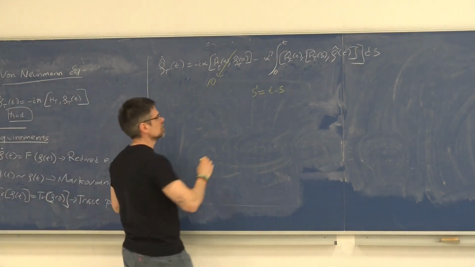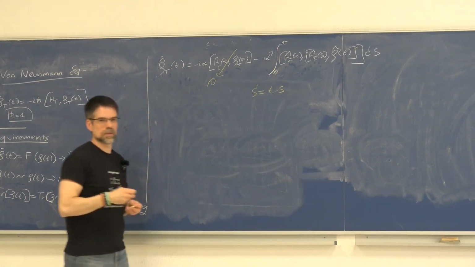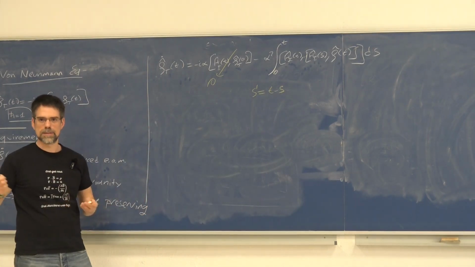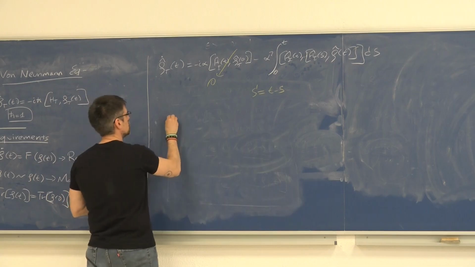Or let's say the other way around. No, it's the same thing. We were going to write S equal to T minus S prime, but it's the same equation. Okay? So then we can write this equation in this way.